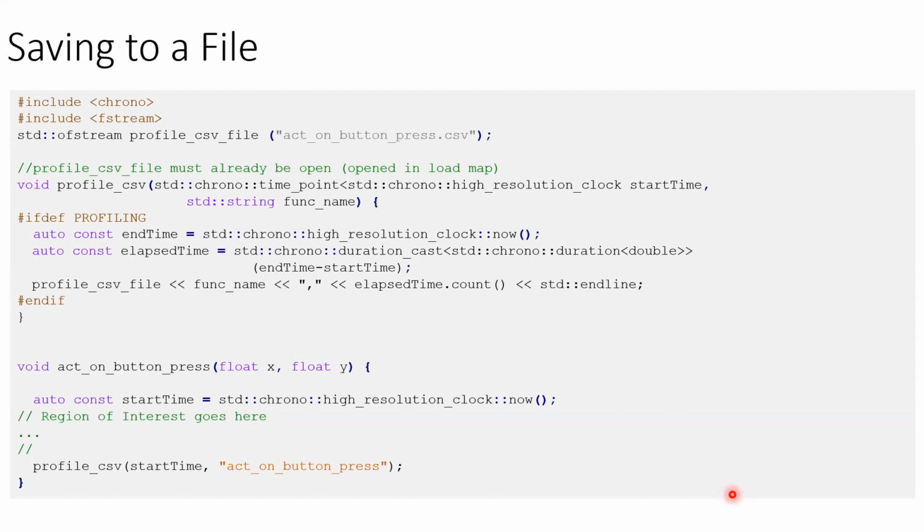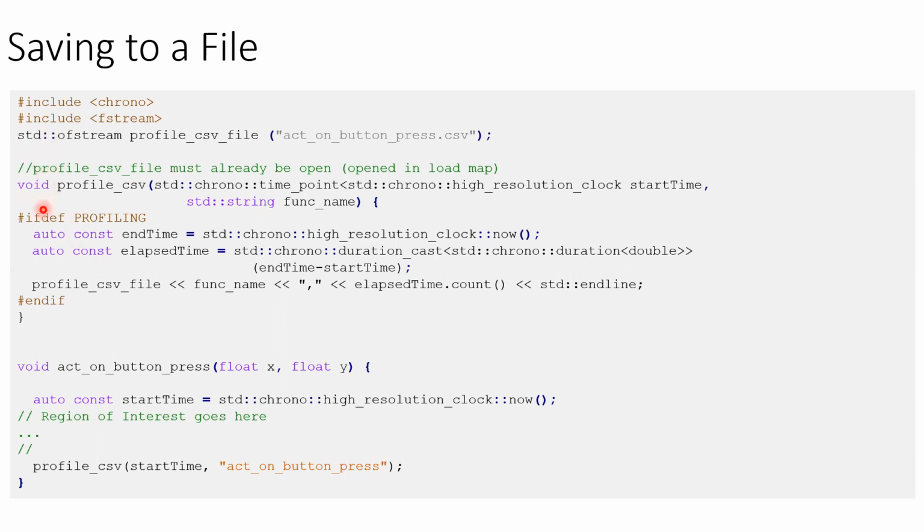Or you can save everything to a file, because scrolling through the log can be difficult. You can save everything to a CSV file, which you can open in your spreadsheet app.